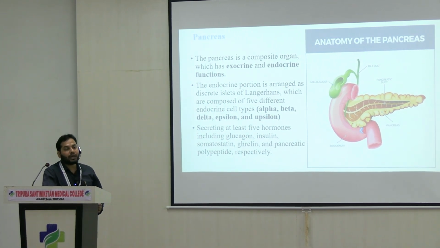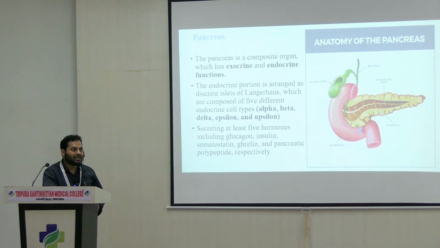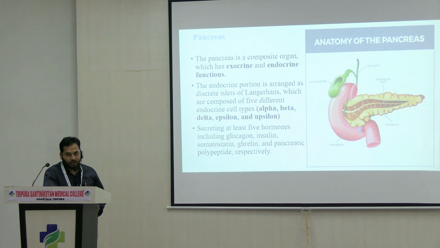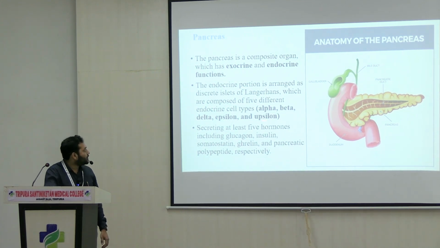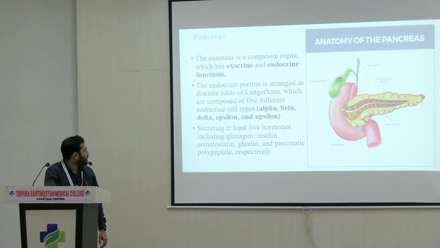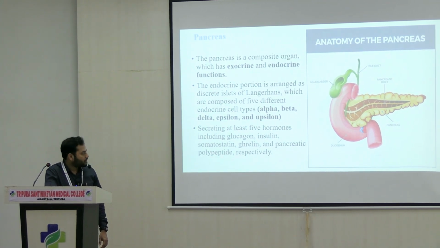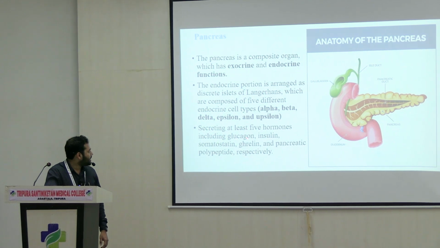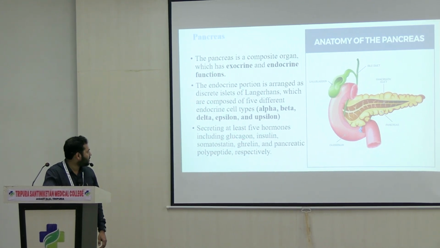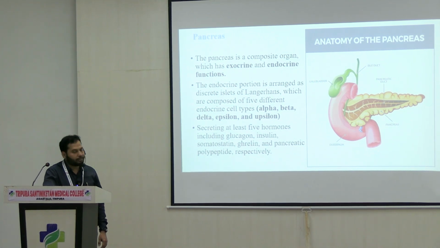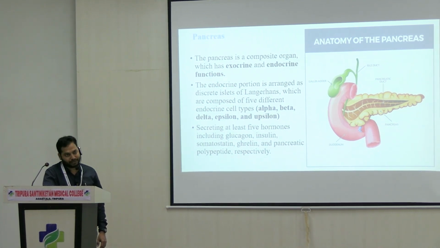All the different types of cells present in the islets of Langerhans secrete different hormones. They secrete 5 different hormones: glucagon, insulin, somatostatin, ghrelin, and pancreatic polypeptide or pancreatic peptide respectively.